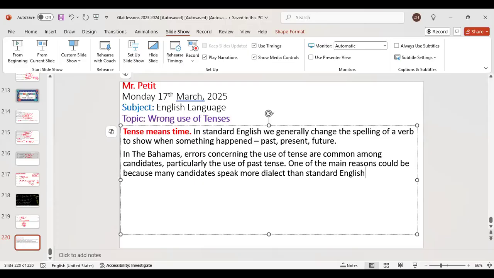And in the dialect, a verb in the present tense and past tense has the same pronunciation. So the reason why a lot of us may write bad is because we talk bad, and we write the way we talk.